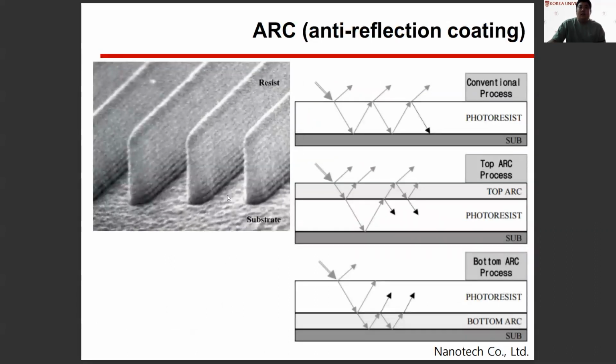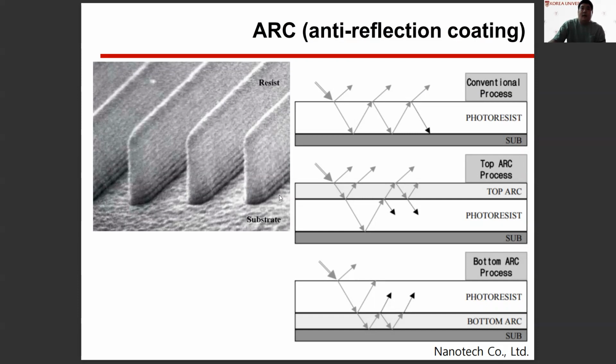As you can see, this is an example of a FinFET structure, with this wave-like pattern on the side of the fin. This is because of the constructive and destructive reflection.